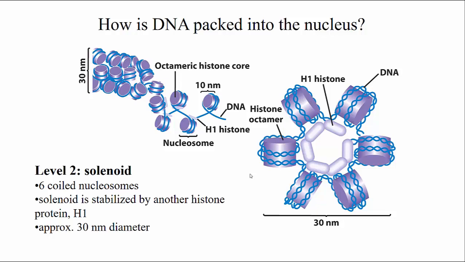It will continue to wrap around, coiling around. When you actually coil the solenoid around and around, so each ring has 6 nucleosomes, it will create a new structure. This solenoid is 30 nanometers in diameter.